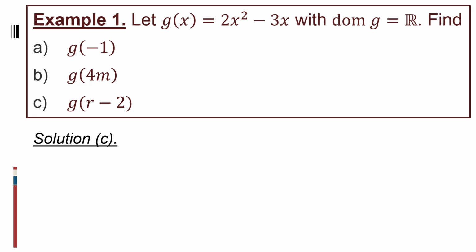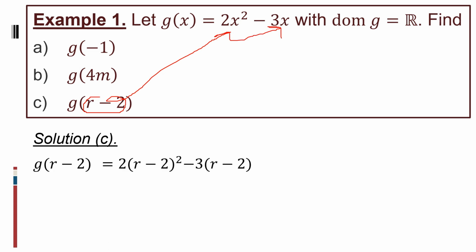And for letter C, ganun ulit, we replace x with r minus 2. So we have g of r minus 2 is equal to 2 times r minus 2 squared minus 3 times r minus 2. Now, if we expand this, ano bang expansion nito?